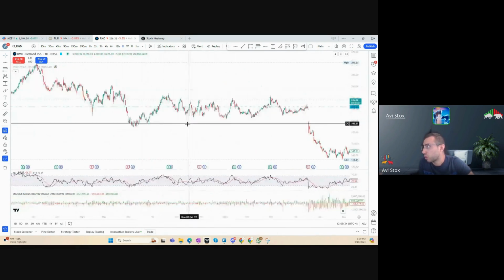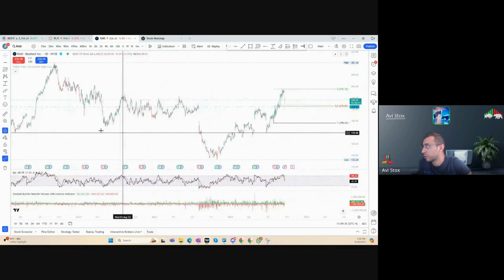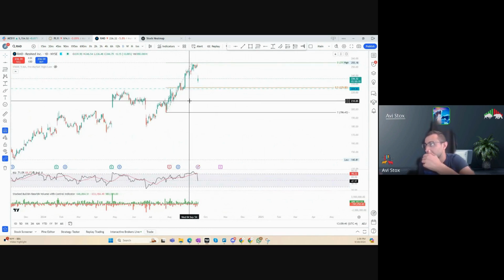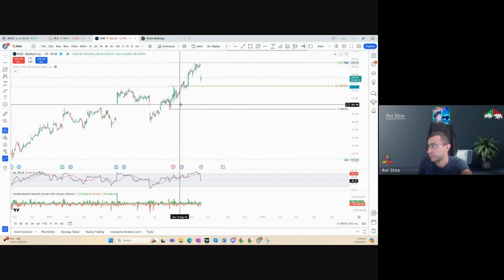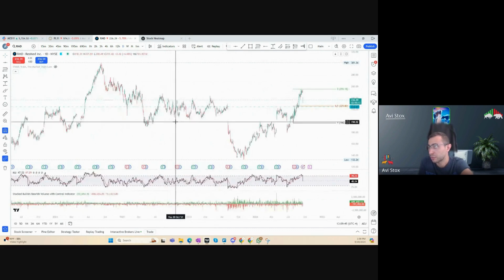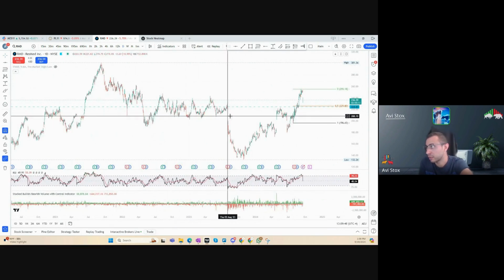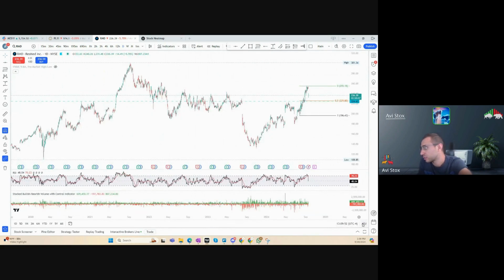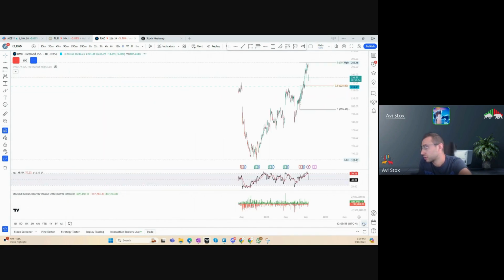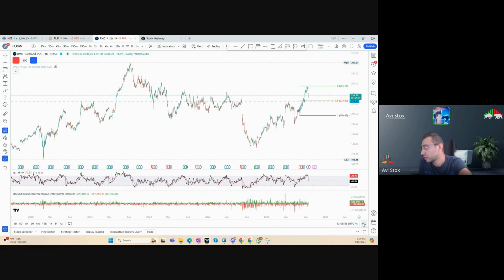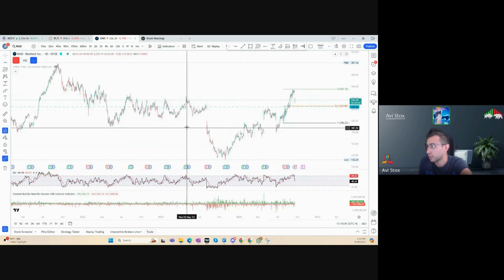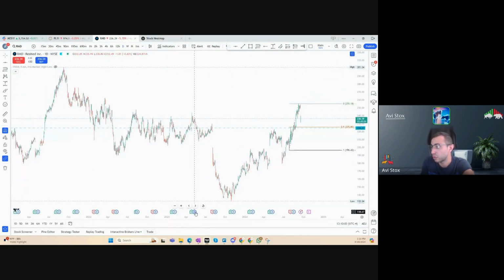So this is one area of key level, which is right by the 50% Fibonacci, gives us some confidence that it's possibly going to work. Then let's look for the next key level. Now, this one also actually has dividends of 44 cents.